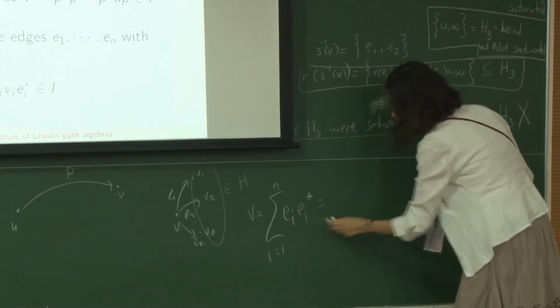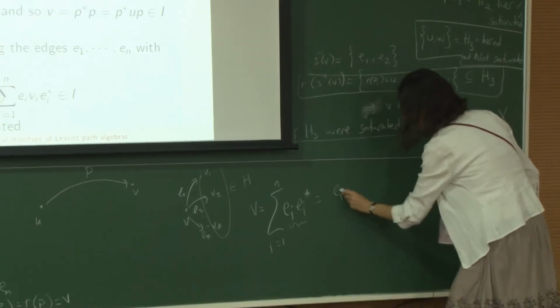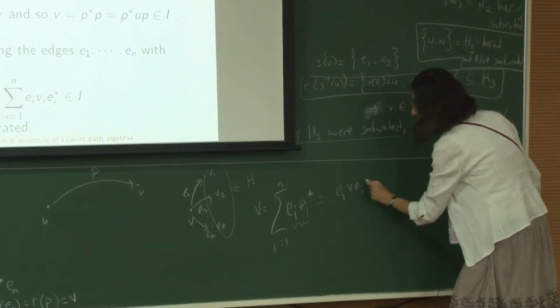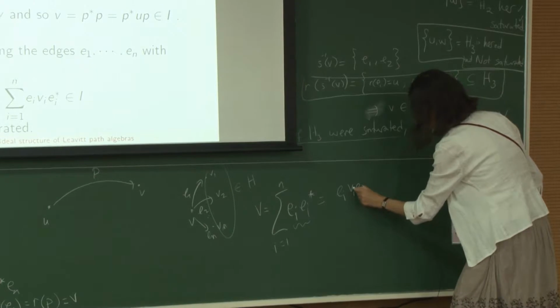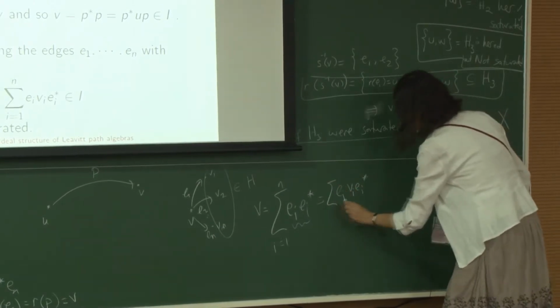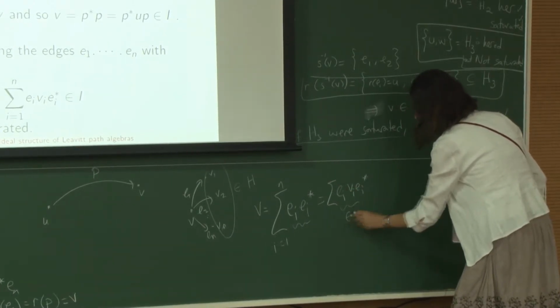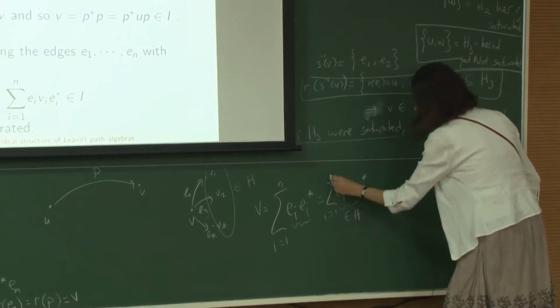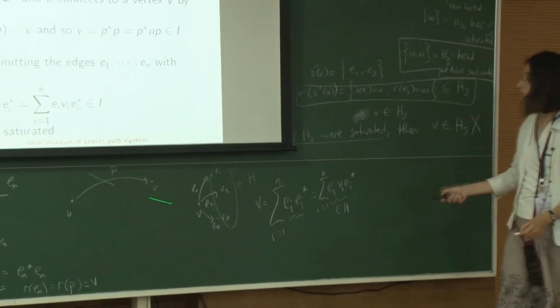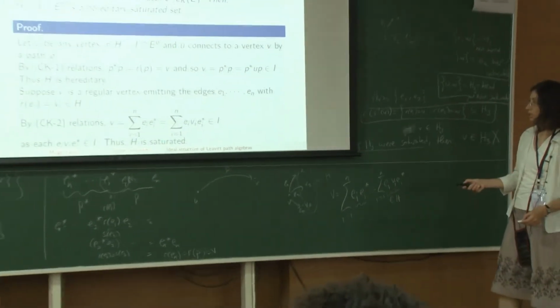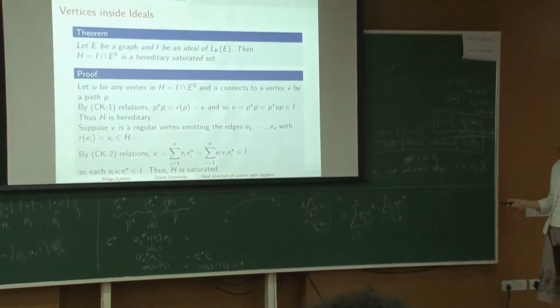And this is nothing but E_i V_i E_i star. If this is in H, so is this. Hence the sum is in H, so V is in H. So the set H is also saturated.